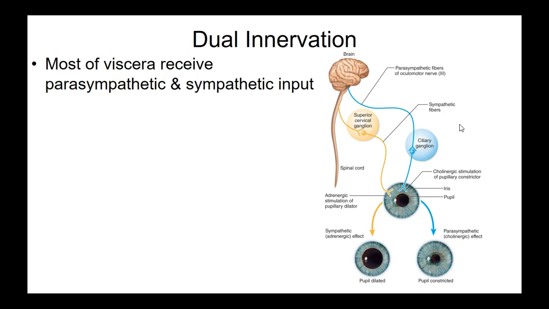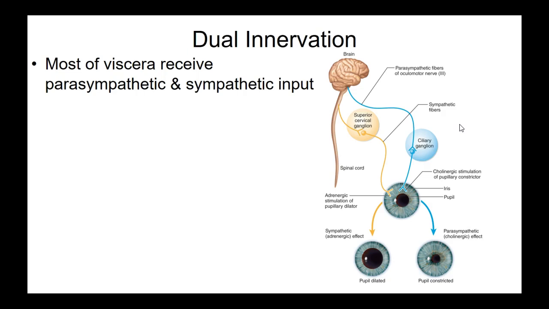All right, so here, for the viscera, dual innervation. In this case, there's two different muscles innervated. One of those muscles constricts the pupils. The other muscle, when it gets activated, okay, dilates the pupil.